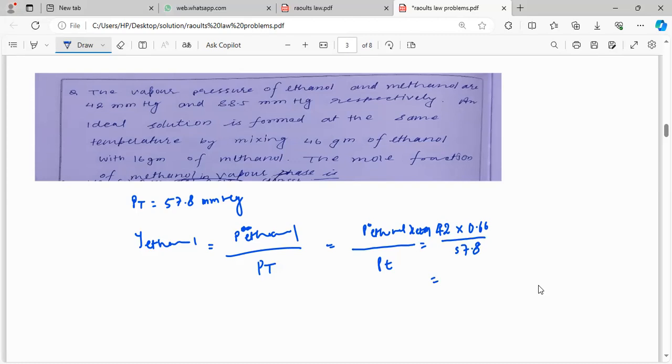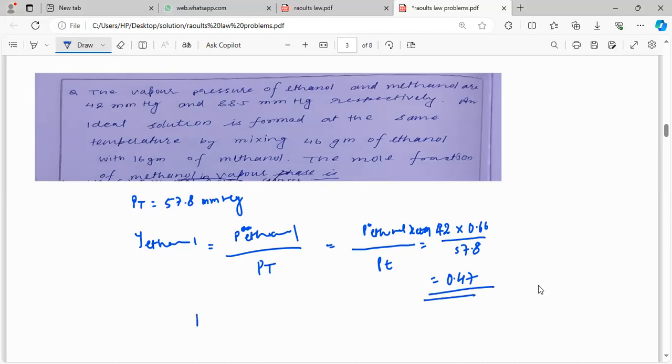Now you calculate how much is coming. So this is 42 multiplied by 0.66 divided by 57.8. So 0.47. You are telling it wrongly. I don't know why. 0.47.